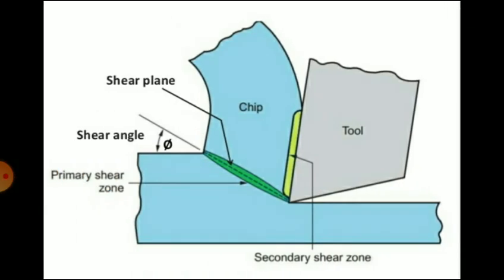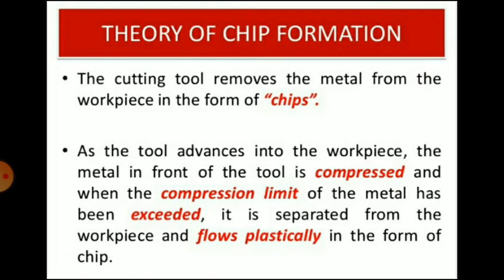Now in this diagram, additional elements shown are the primary shear zone and the secondary shear zone. Now we will see how these shear zones are formed. The cutting tool removes the metal from the workpiece in the form of chips.